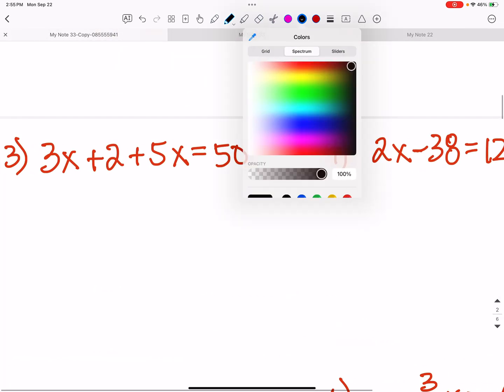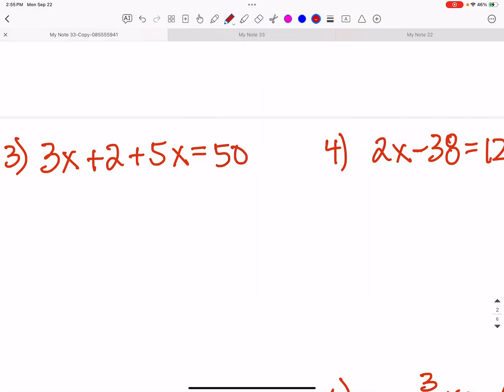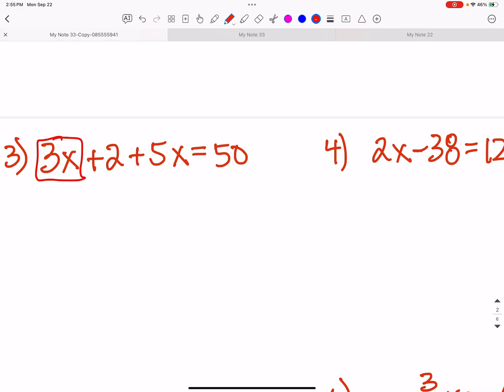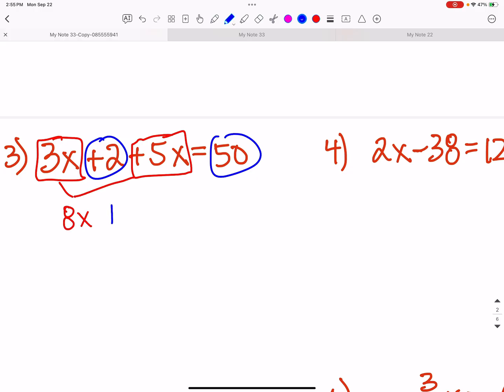These ones, I gotta get my laundry and the baby's laundry ready. Okay. My laundry, baby's laundry. We got 5 x's and 3 x's on the same side. We have 8 x's + 2 equals 50. It's the +2 that needs to move.